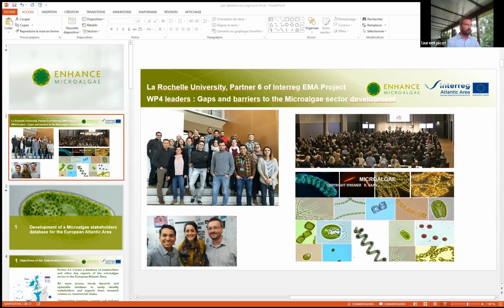We built this map using Google My Maps. This map provides name, localization, activity, website, contact, markets, skills, and also the nature of the stakeholder, if it's a private company or a public one. The second tool is an Excel table that can be downloaded from the website.